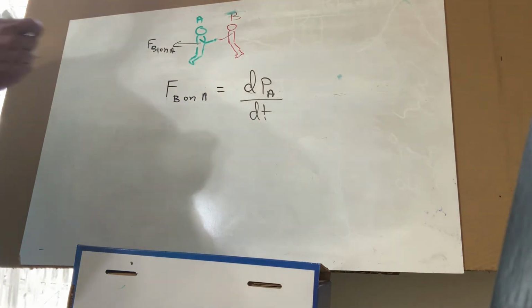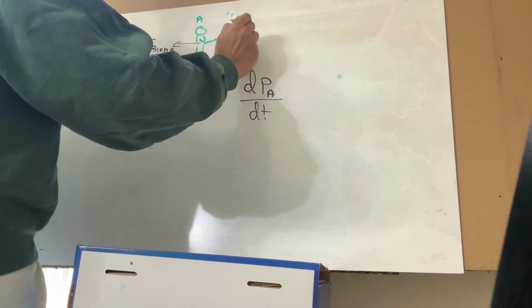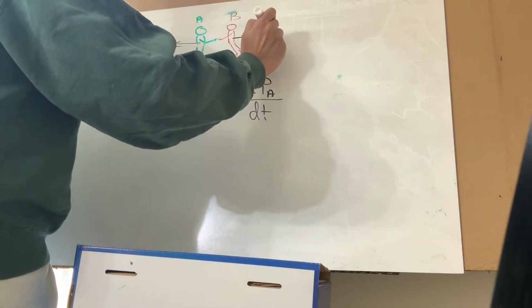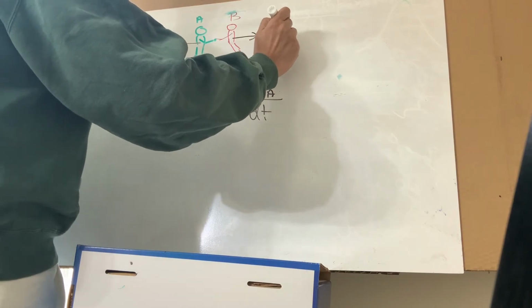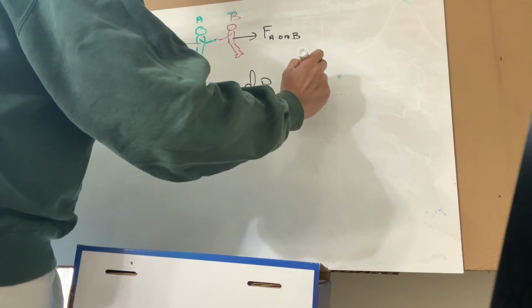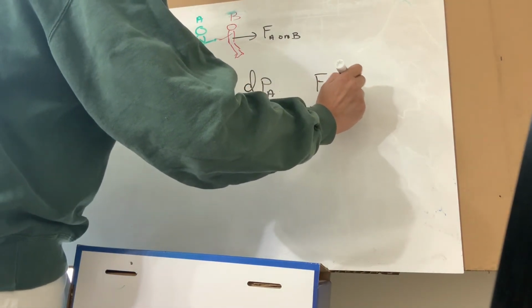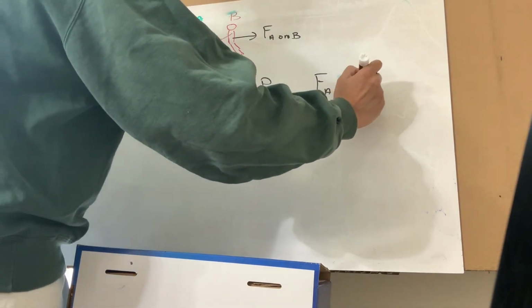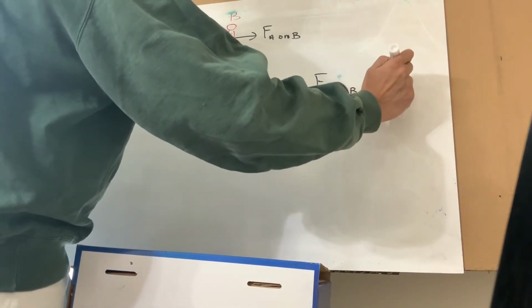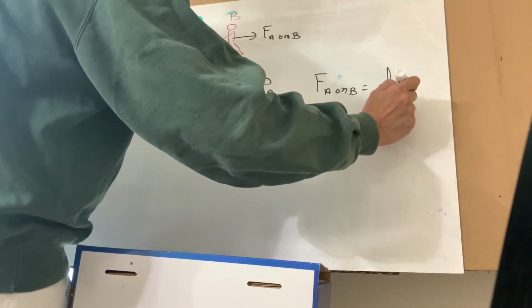Okay. What about the force by Newton's third law, the force A applies on B? Okay, so F A on B is equal to the change in momentum of B divided by dt.